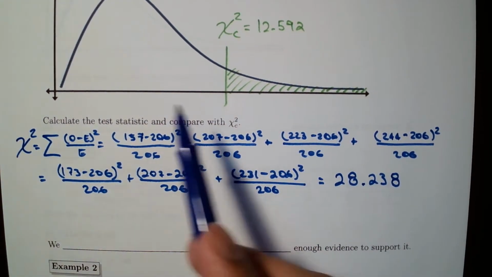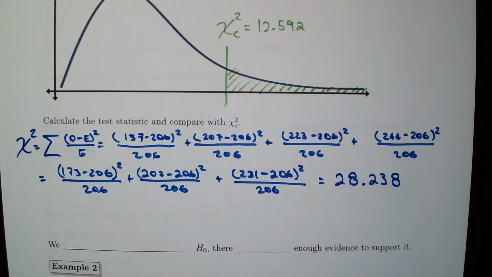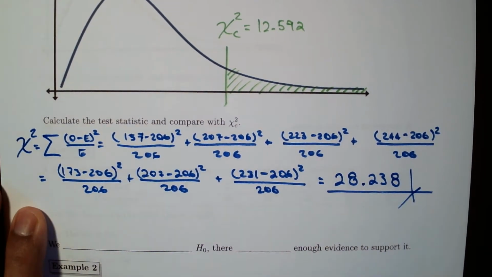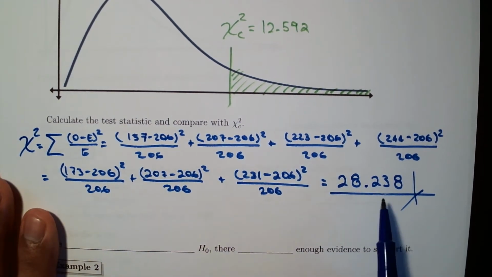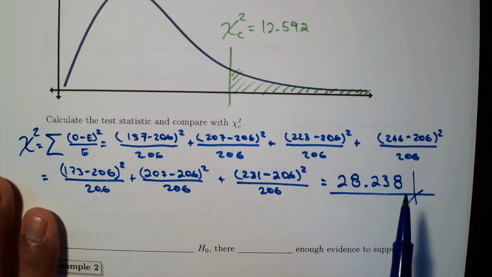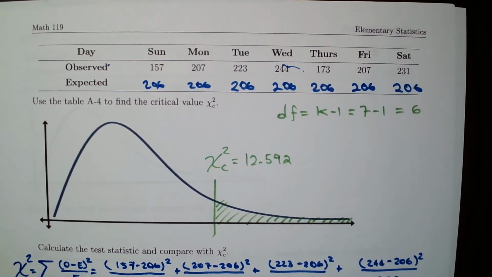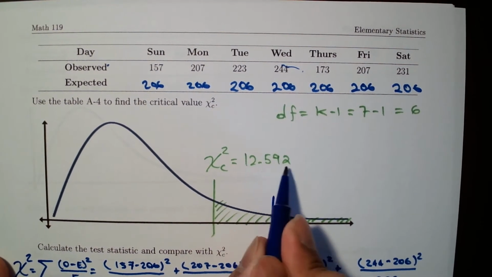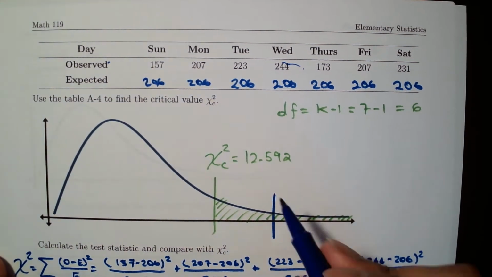We're going to do this way easier than this using the graphing calculator with a command that I'll show you in the next example. So in this case, it's time to compare. The chi-square statistic of 28.238 is indeed bigger than 12.592.